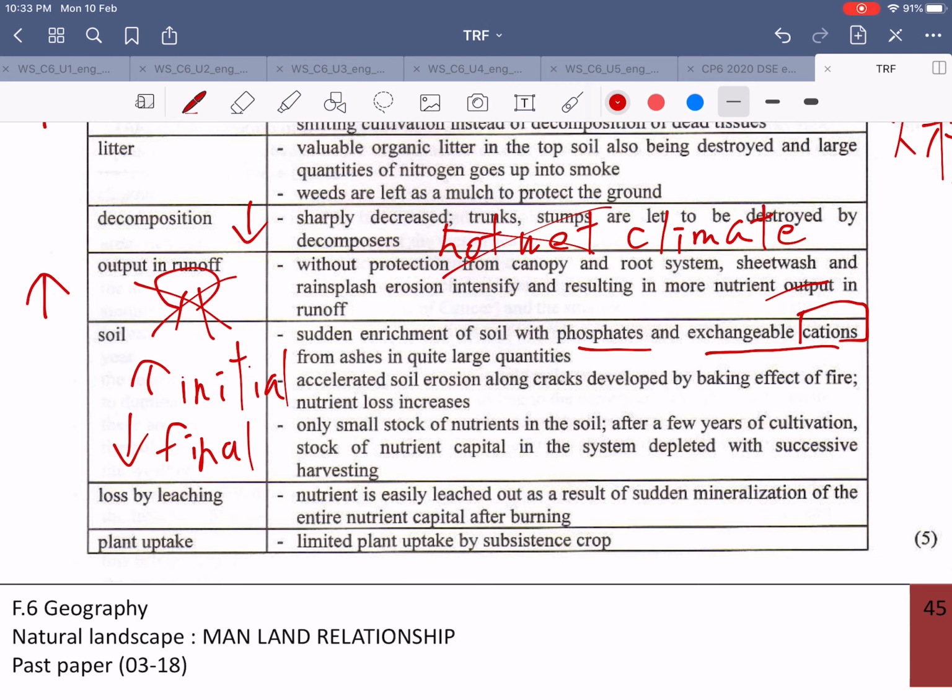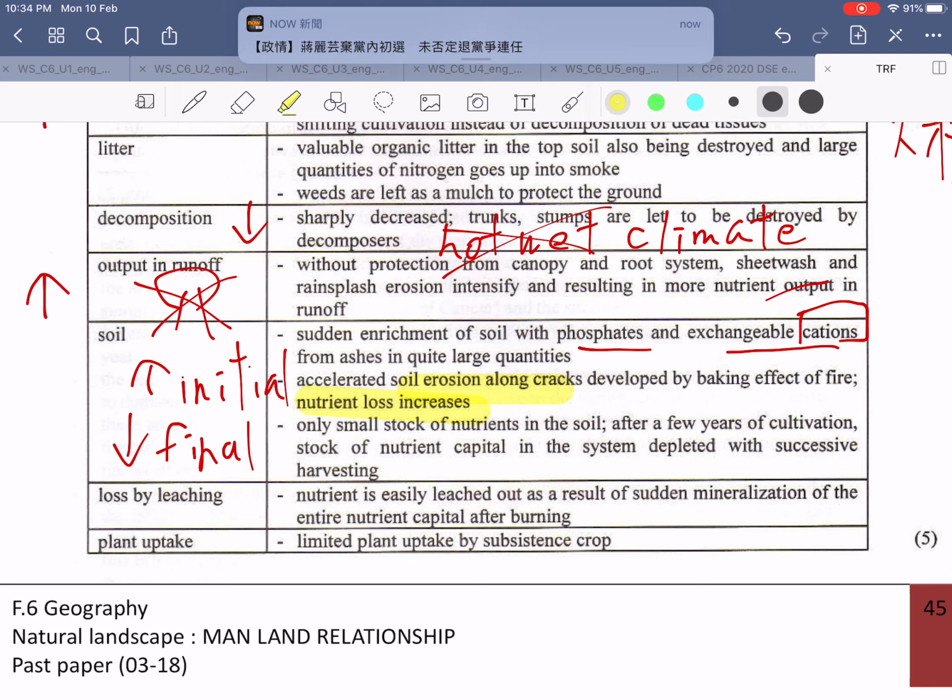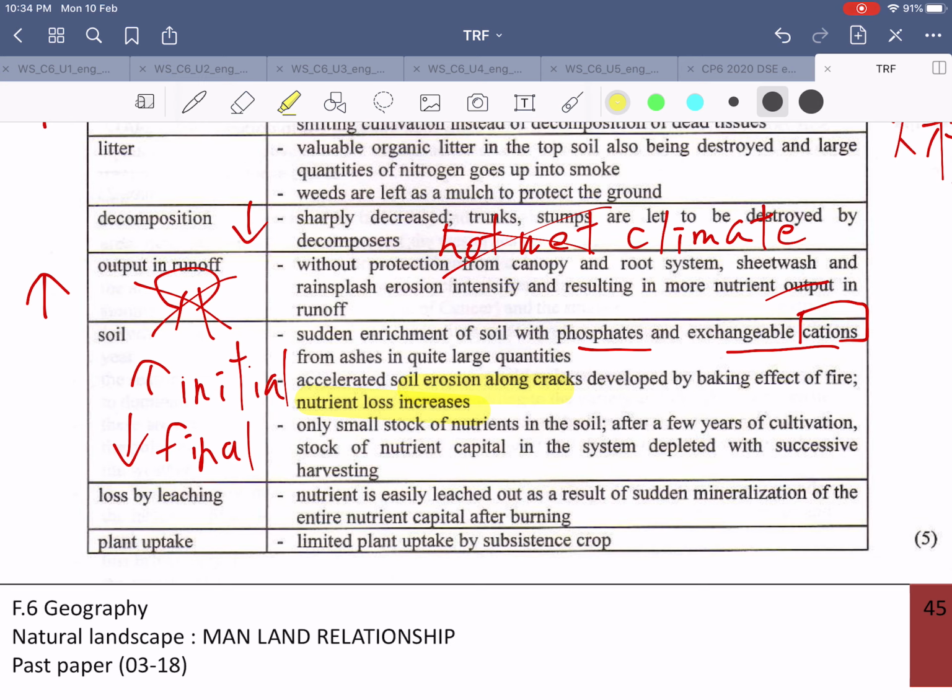And it accelerates the soil erosion, and then it becomes the middle stage. The soil erosion takes place, and then the baking effect of fire, and then the nutrient loss increases. Baking effect is not important anymore, which is just talking about the ash being blown up. So finally there are very few nutrients in the soil, and after a few years of cultivation, the nutrients will finally drop.